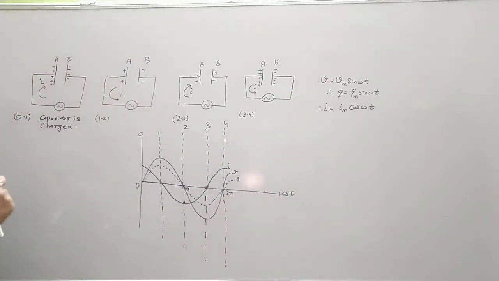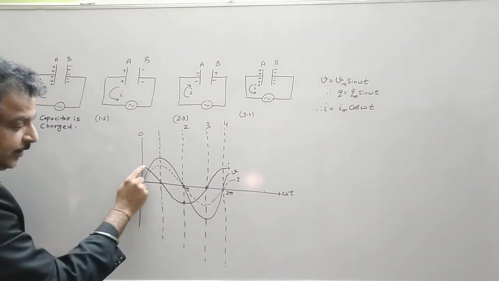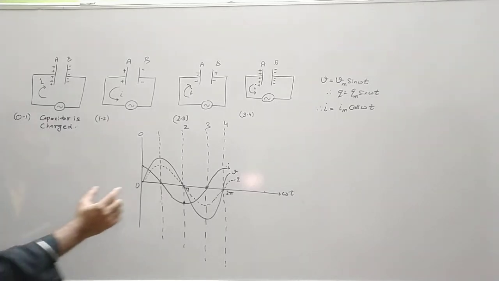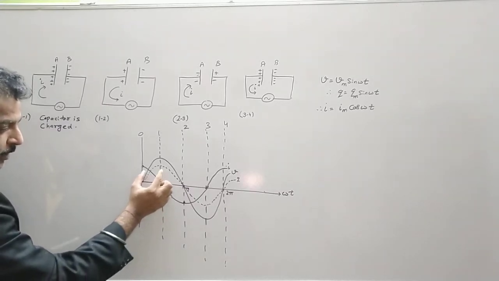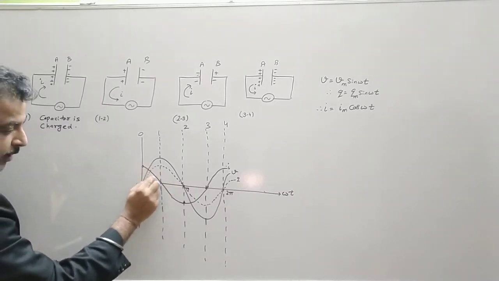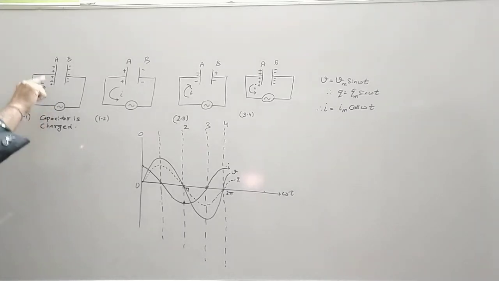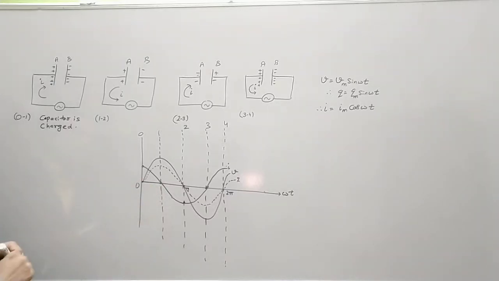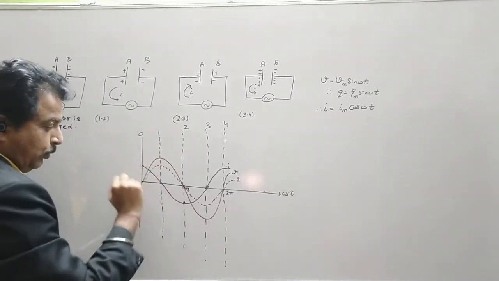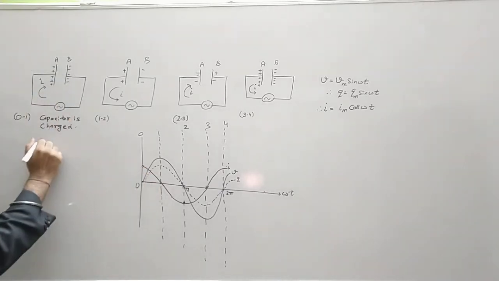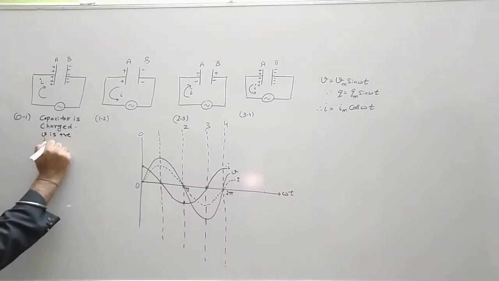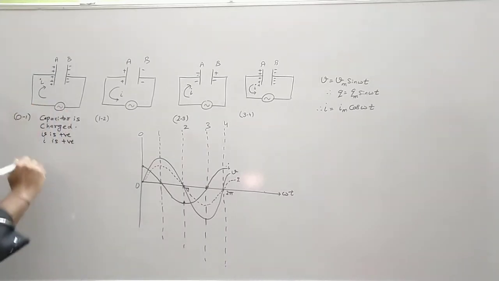Now as the charge starts depositing on the capacitor, the current starts decreasing due to capacitive reactance. So this is the portion where the capacitor is being charged and the current is decreasing from the maximum value to 0. Now let us see the product. V is positive and I is also positive in this portion 0 to 1, though its value is decreasing.